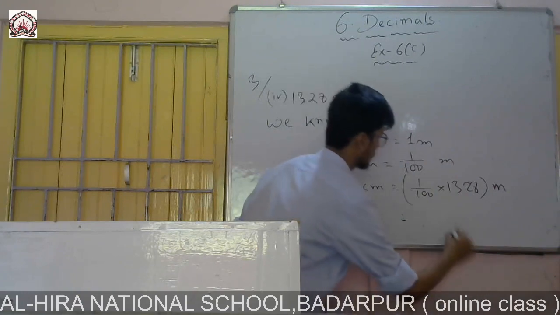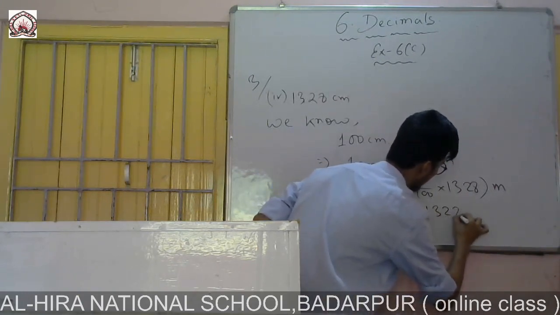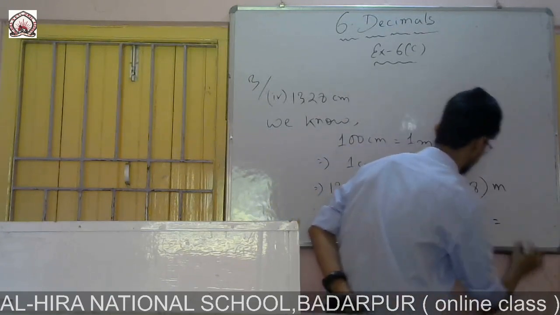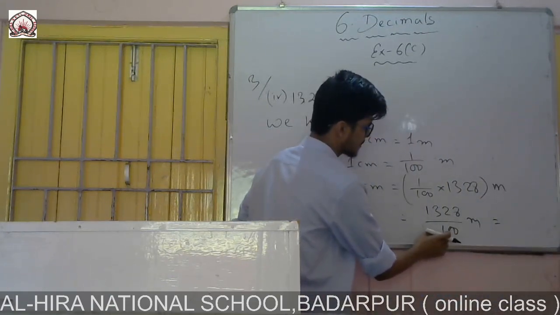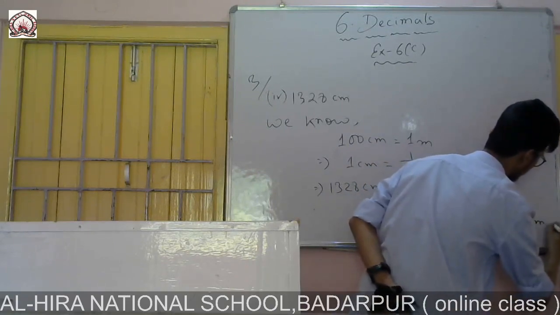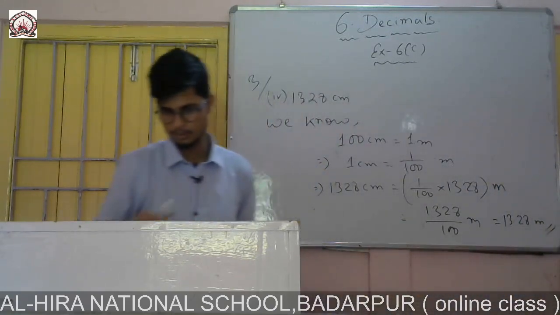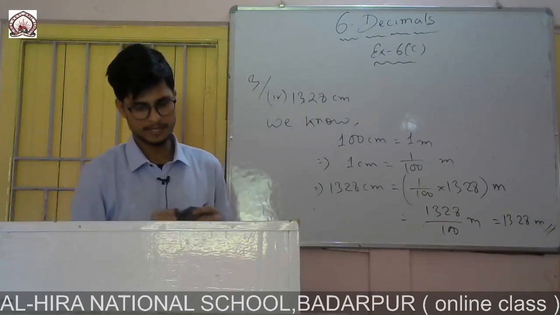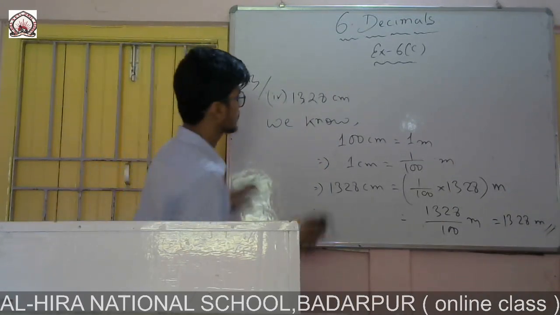That means 1328 by 100 meter. If I convert it into decimal, there will be a 2-digit decimal here. That means 13.28 meter.